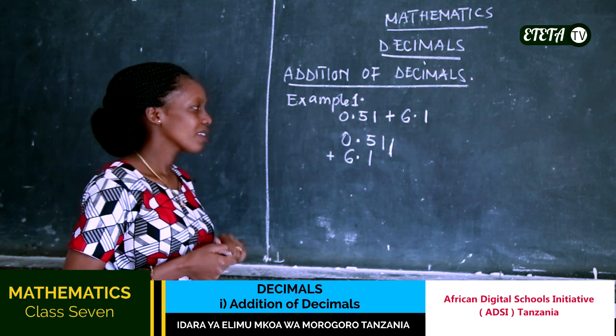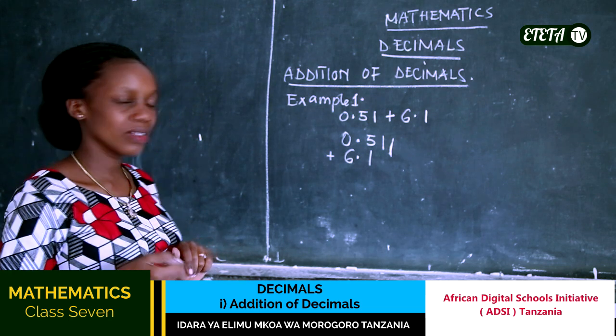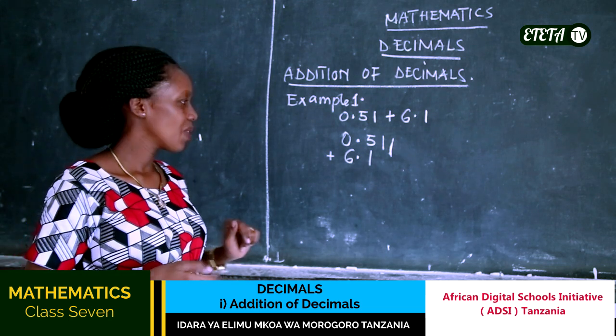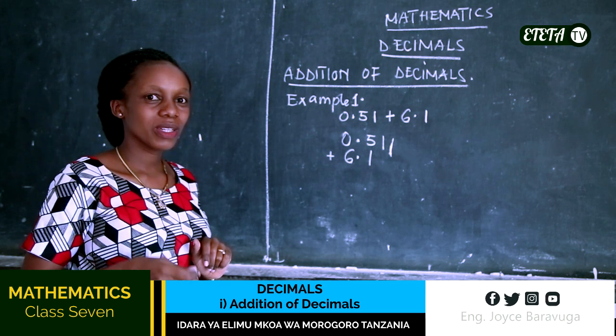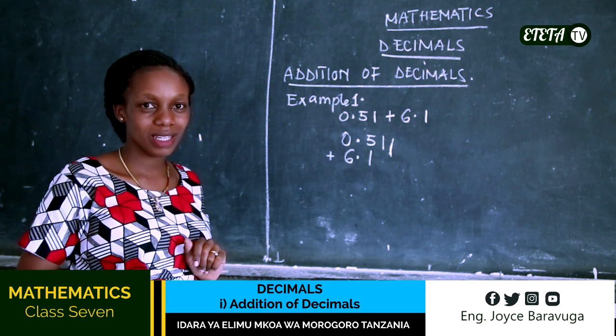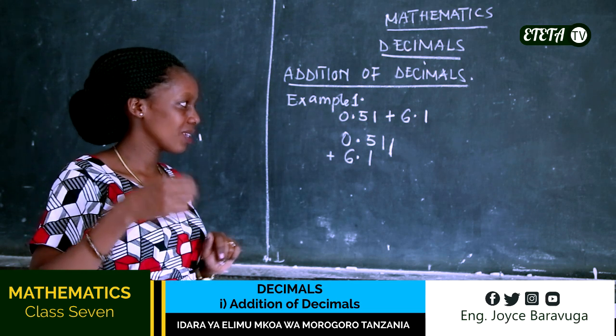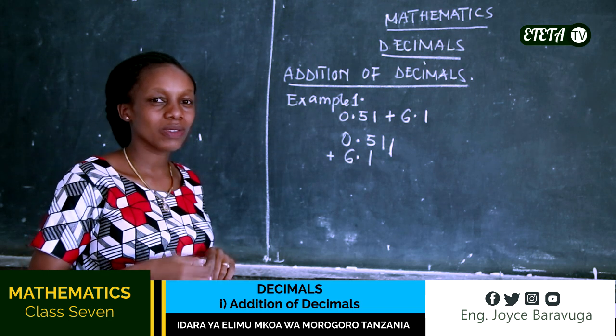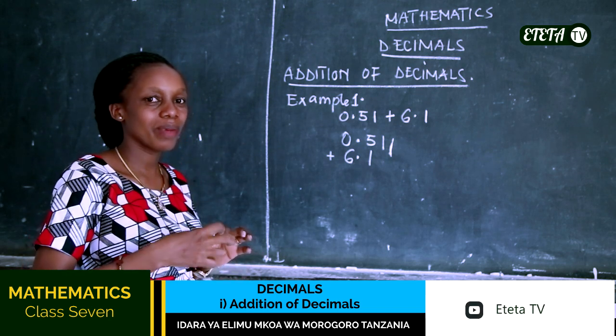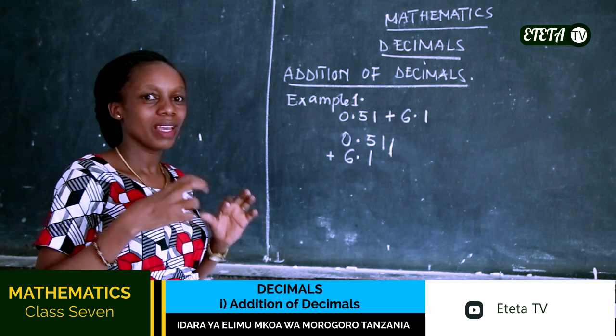Another thing to consider is, make sure that you fill the gaps by using 0, so as to make sure that the numbers are of the same length.